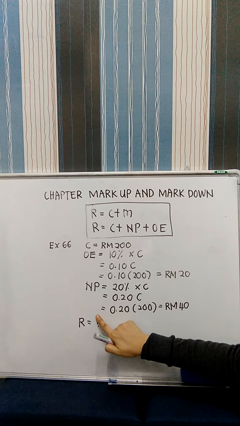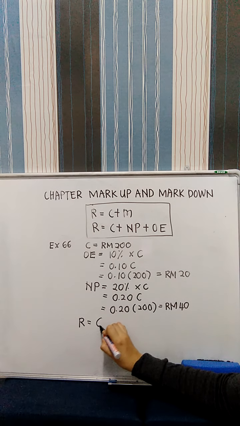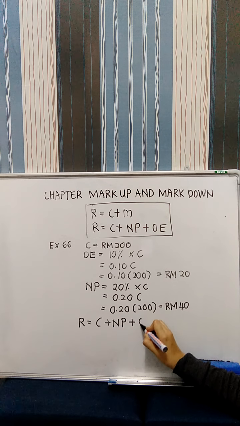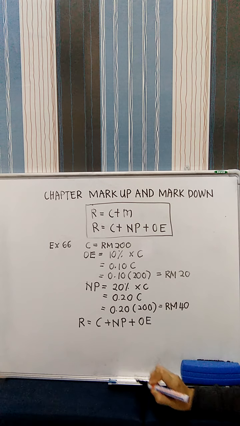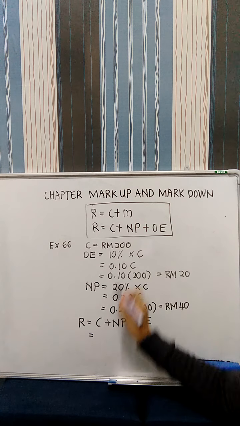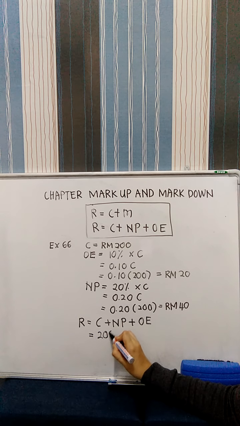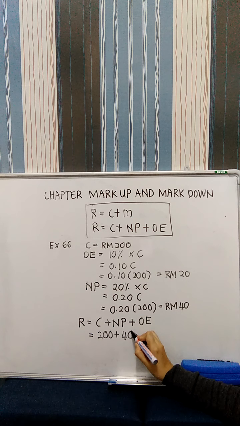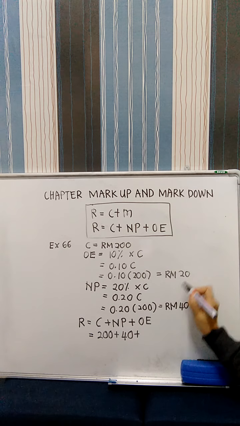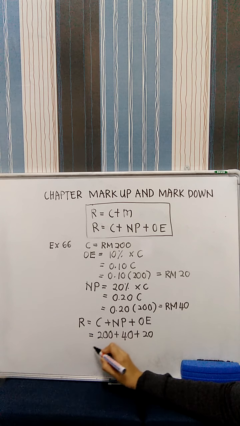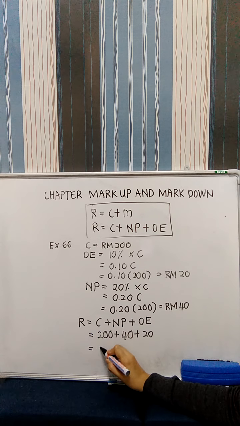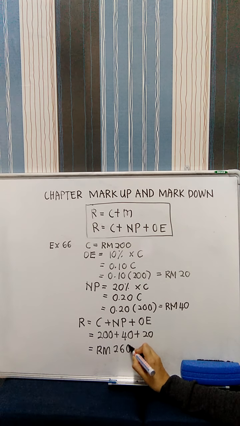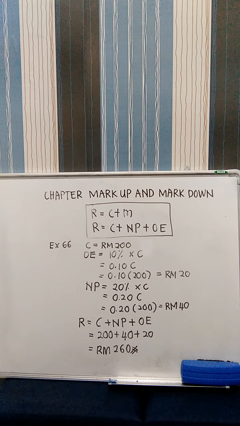R equal to C plus NP, net profit, plus OE, operating expenses. C is 200, NP you calculated here is 40, and OE is 20. So 200 plus 40 plus 20. The final answer is 260. This is the retail price.